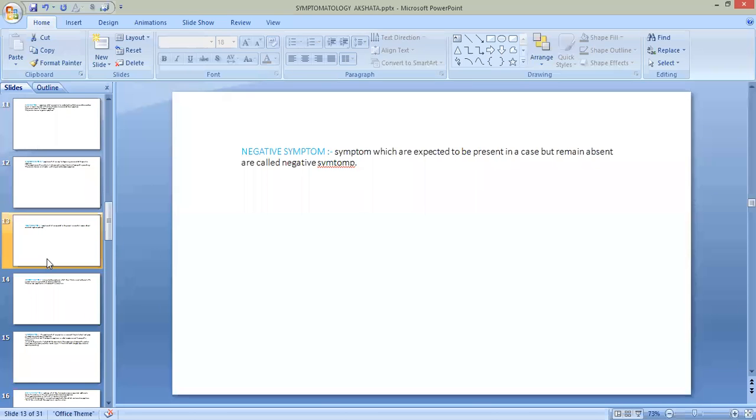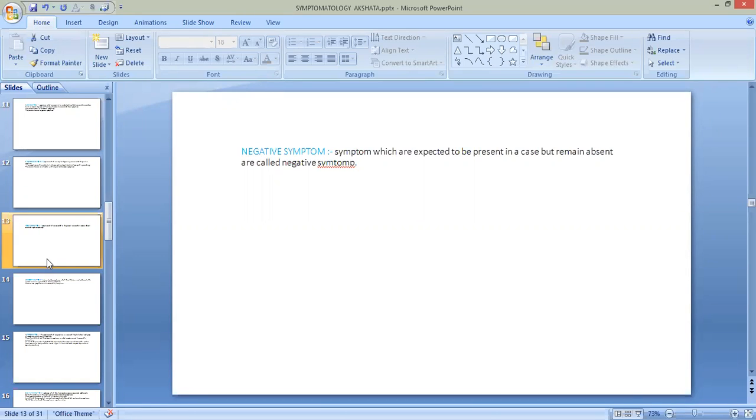Means in this patient, in this condition, whatever the condition the patient was suffering, we expect some symptoms, but if these expected symptoms are absent, then these symptoms are called negative symptoms.